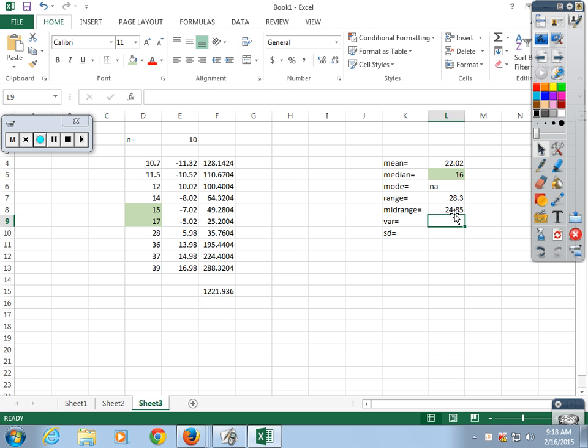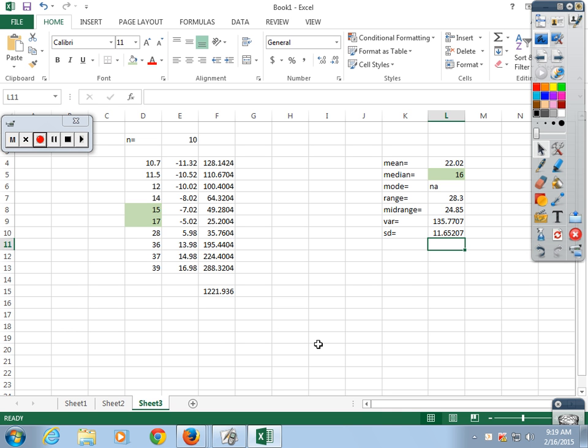And then that's going to be equal to this divided by parentheses n minus 1. And then the standard deviation is equal to what? This raised to the 0.5 power. That's it.